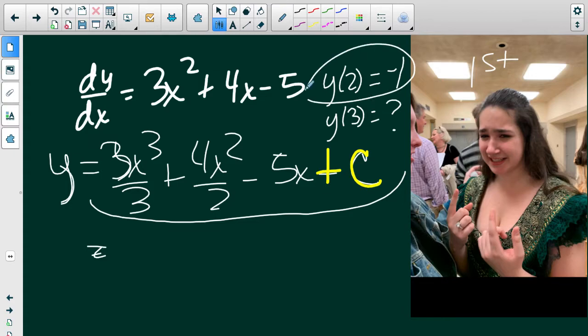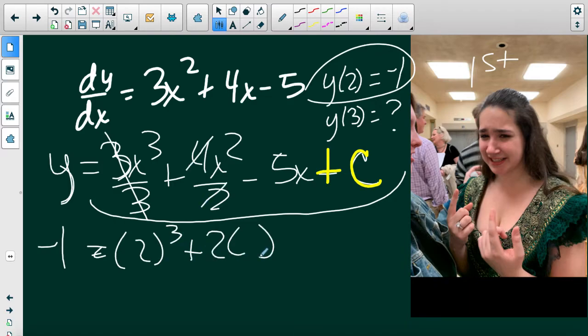So I get -1, let's cancel these, when x is 2. I'm going to call this 2x squared minus 5 times 2. So what does this enable me to do? It enables me to solve the differential equation. I will now know the exact equation that we started with.